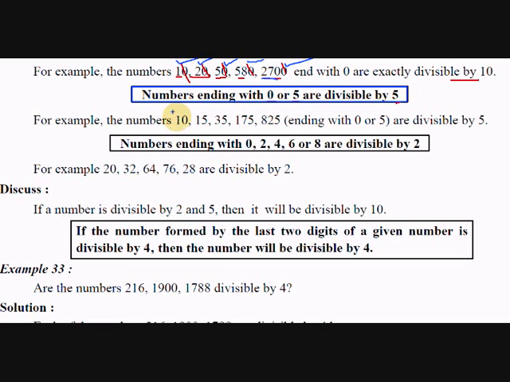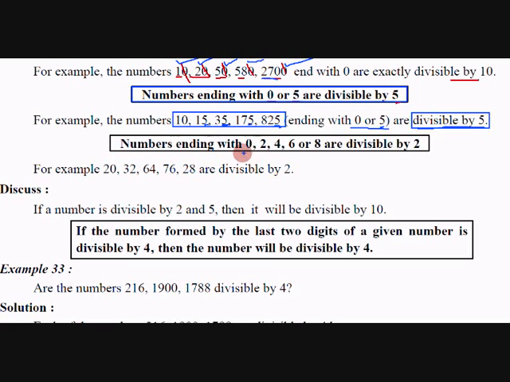Not only that, these numbers which end in 5, right? These are also divisible by 5. So either 0 or 5, that means that number is divisible by 5. Trick 2, you have to remember this. If it is divisible by 5, it should end in 0 or 5.